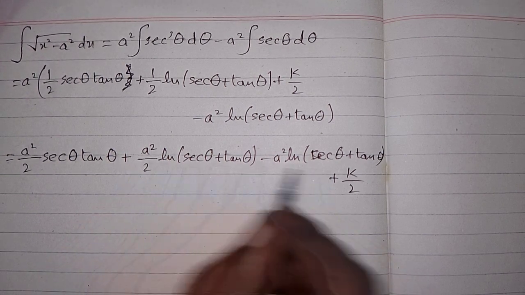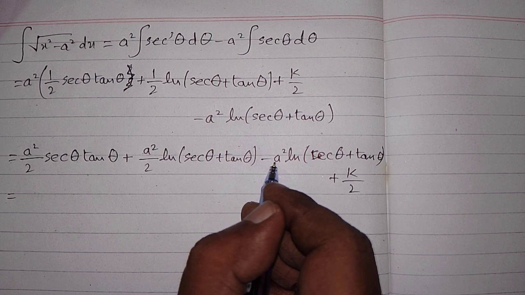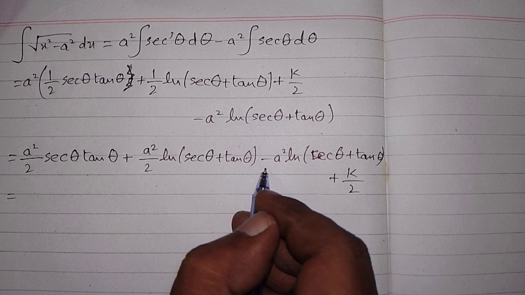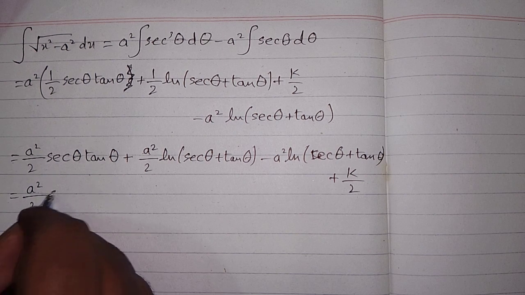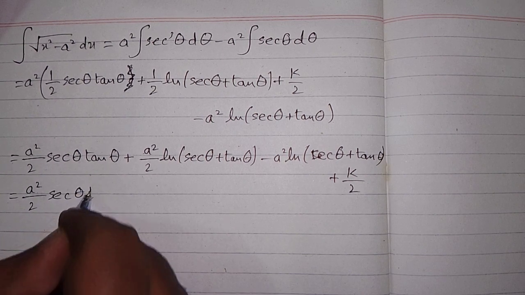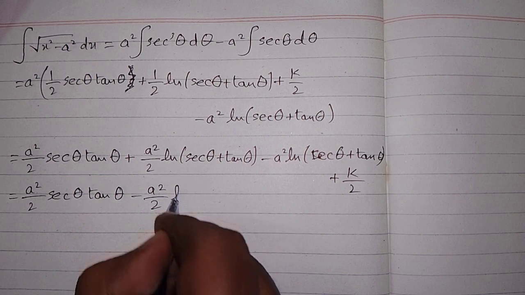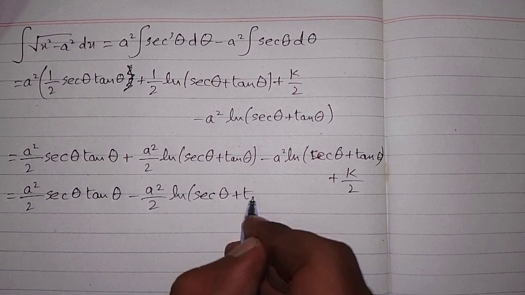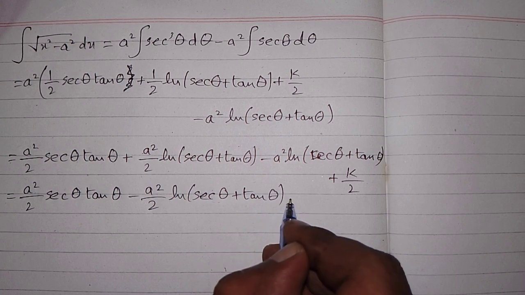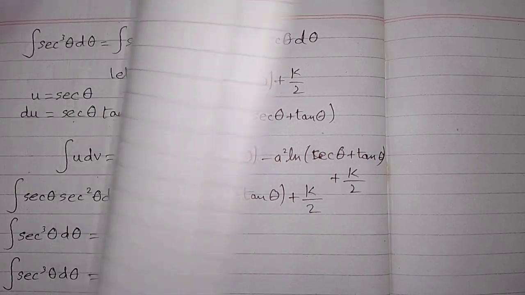Now we can simplify these terms. So we have a square upon 2 minus a square will be equal to minus a square upon 2. So we have a square upon 2 sec theta tan theta minus a square upon 2 ln of sec theta plus tan theta plus k upon 2.